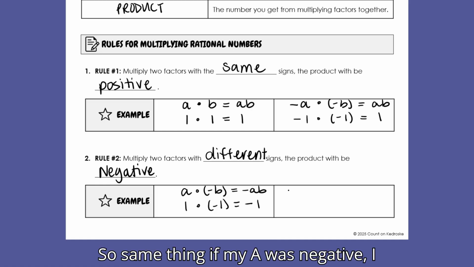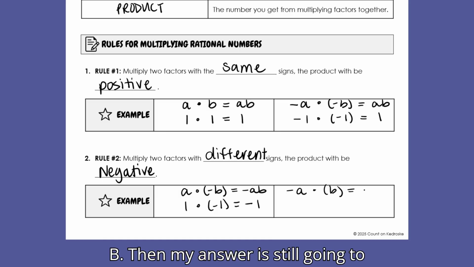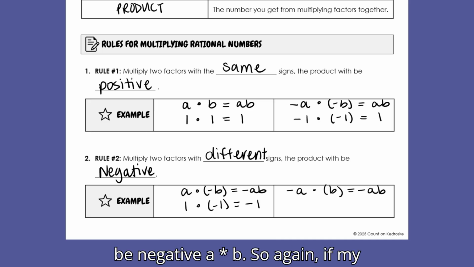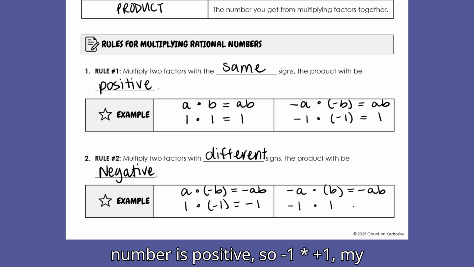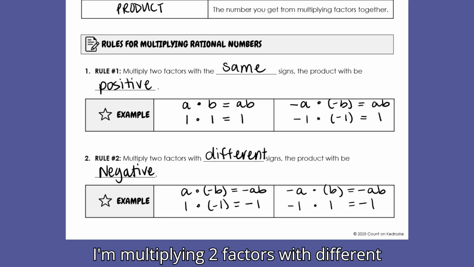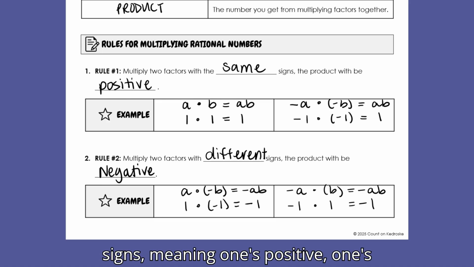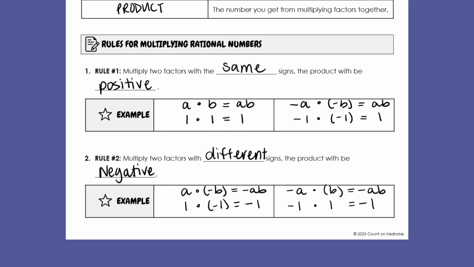Same thing if my A was negative: negative A times B, then my answer is still going to be negative A times B. If my first number is negative and my second number is positive, so negative 1 times positive 1, my answer is still going to be negative 1. Because if I'm multiplying two factors with different signs, meaning one's positive and one's negative, then the product is going to be negative.